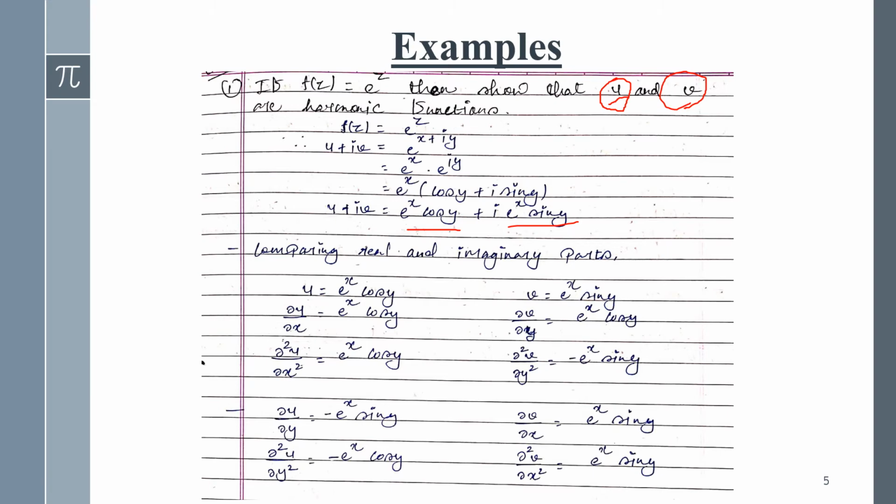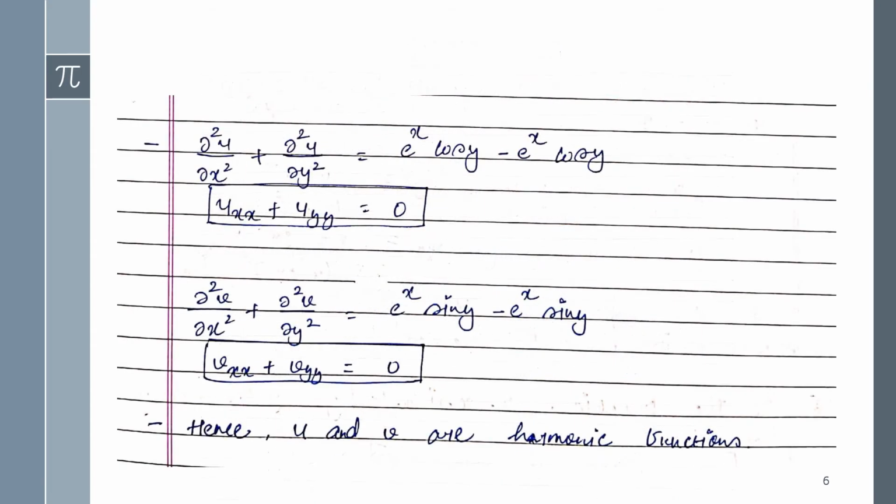Now we will do for both the conditions, that is uxx plus uyy equals 0 we have to prove for u, and for v vxx plus vyy equals 0, and I have written that here, guys, you can observe this. Here I put both values and this one is being 0, and similarly I did for the v functions; this one is for u. So hence u and v both are harmonic functions.